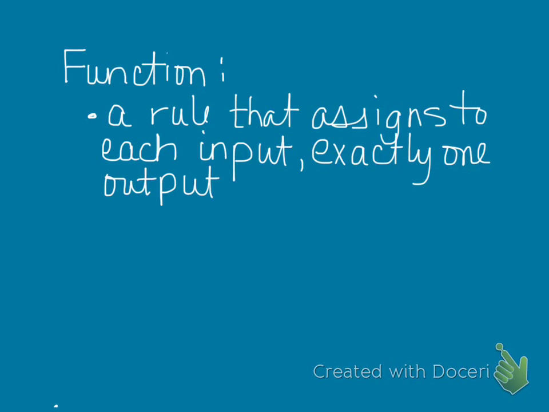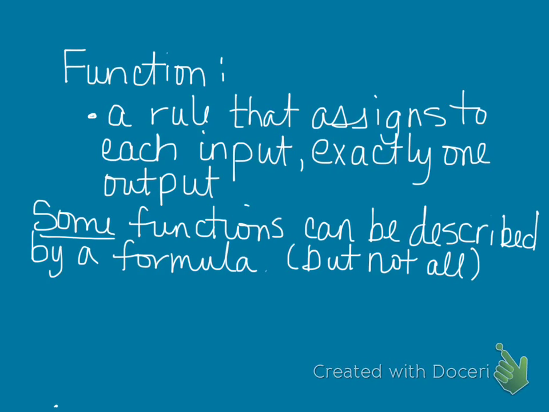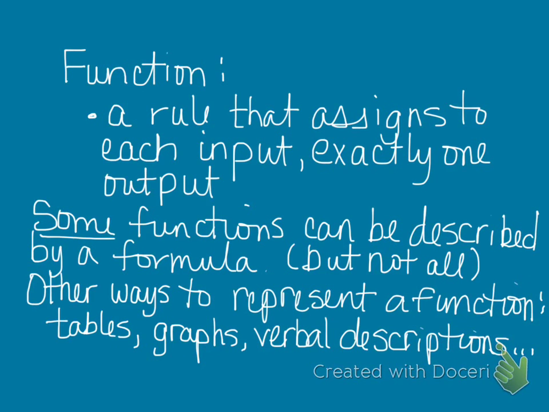I'm going to get the same thing each time I do that. Some functions, but not all, can be described by a formula. The function that we're working with right now can be described by a formula, thanks to Isaac Newton. But some functions can be represented by tables, graphs, or verbal descriptions, and other things as well.